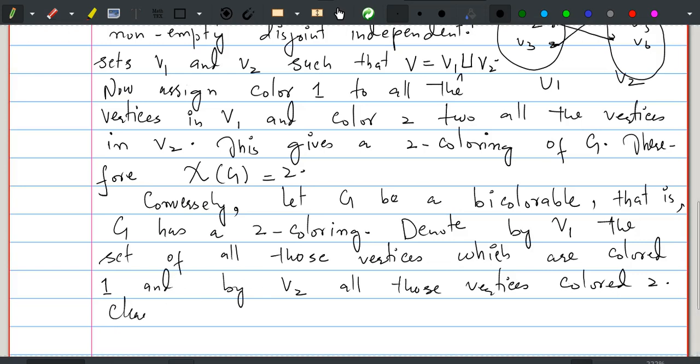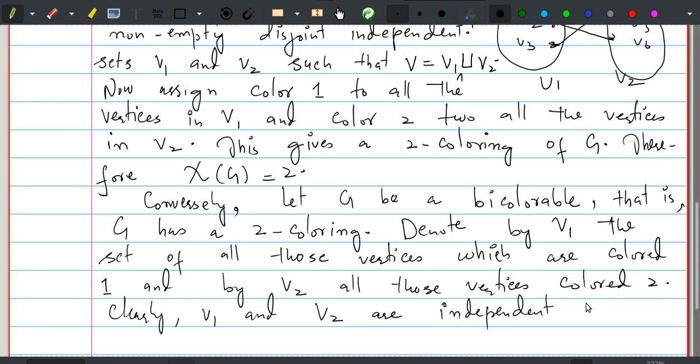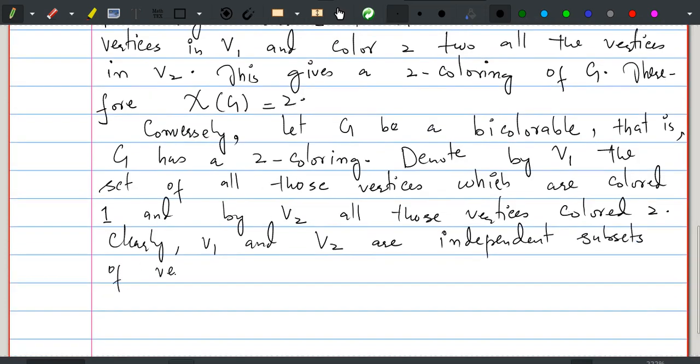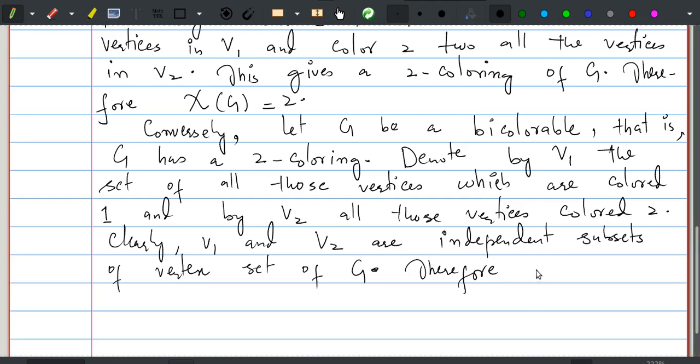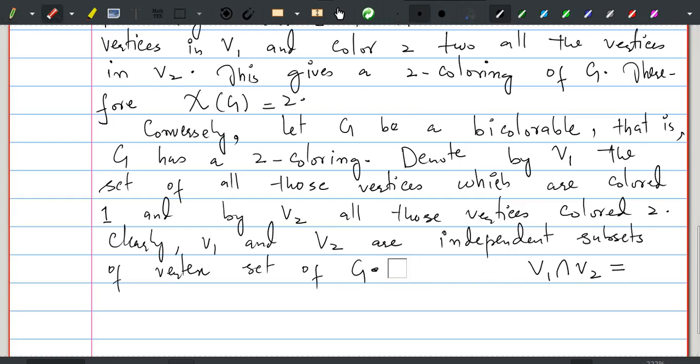So clearly V1 and V2 are independent subsets of the vertex set of G. Therefore V1 intersection V2 has to be empty.